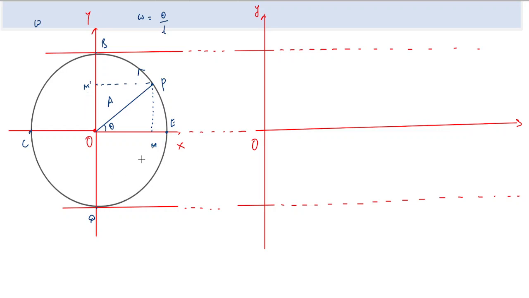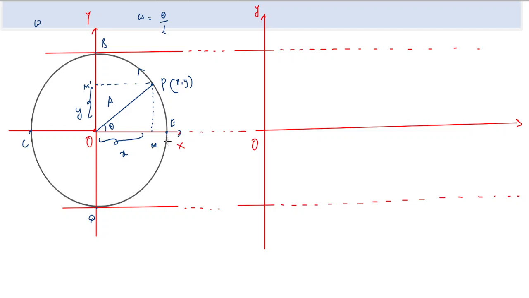So PM and PM dash are perpendiculars dropped onto the x and y-axis. This point P will have two coordinates, x and y, which means the distance between O and M is called x, and the distance between O and M dash is called y. So x is called the x projection and y is called the y projection.